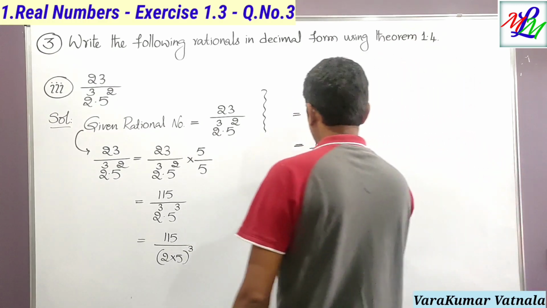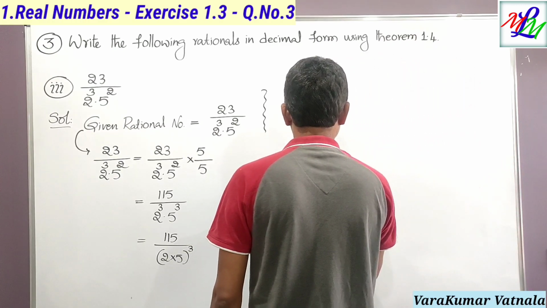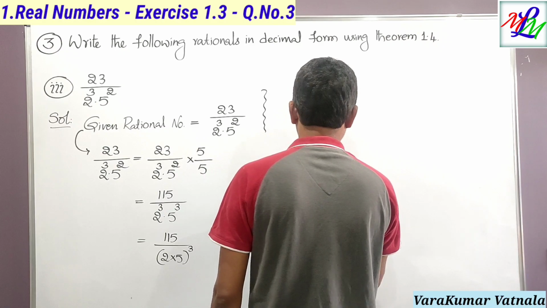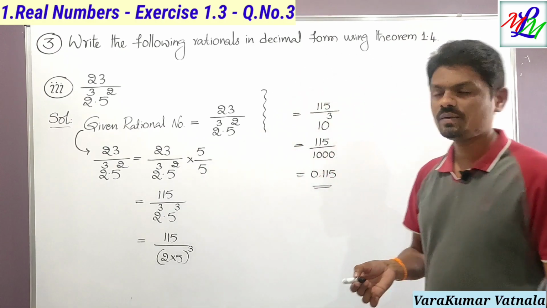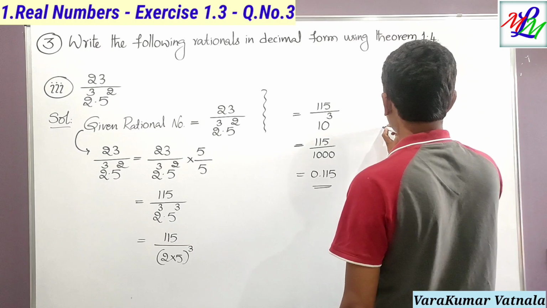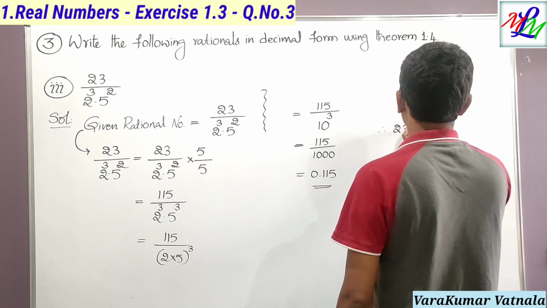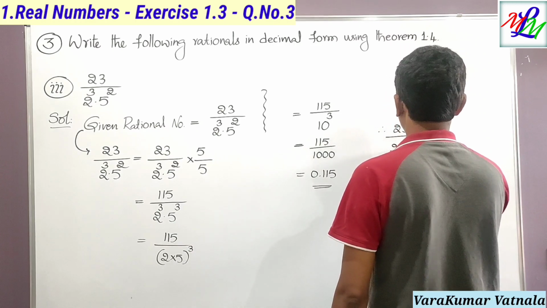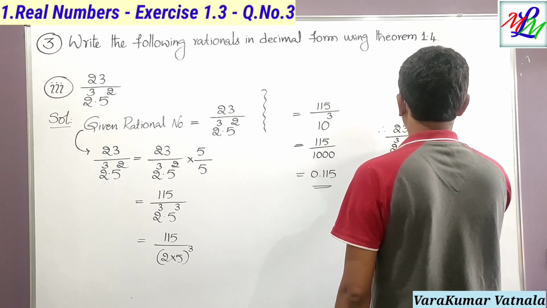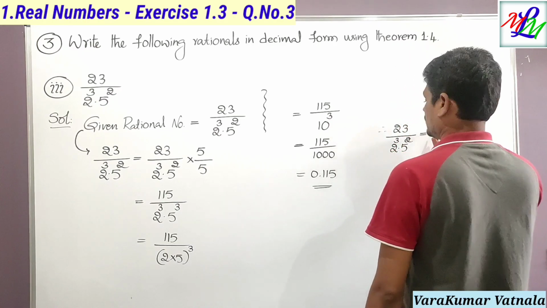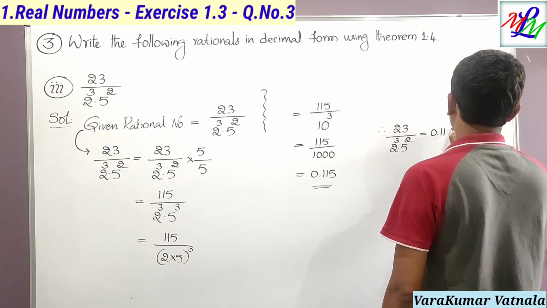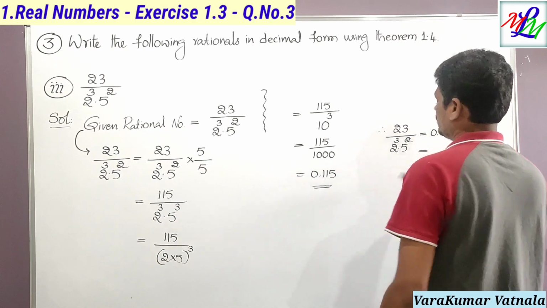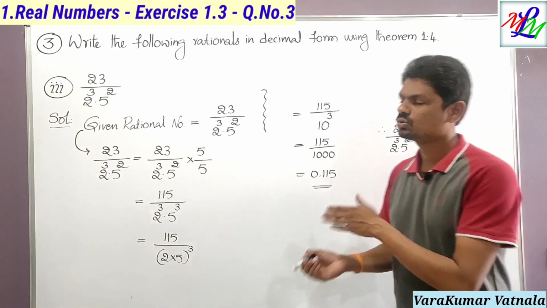So 115 by 1000 is equal to 0.115. So this is the decimal form of the given rational number. Therefore we can write 23 divided by 2 to the power 3 into 5 to the power 2 is equal to 0.115. So this is the third bit, student.